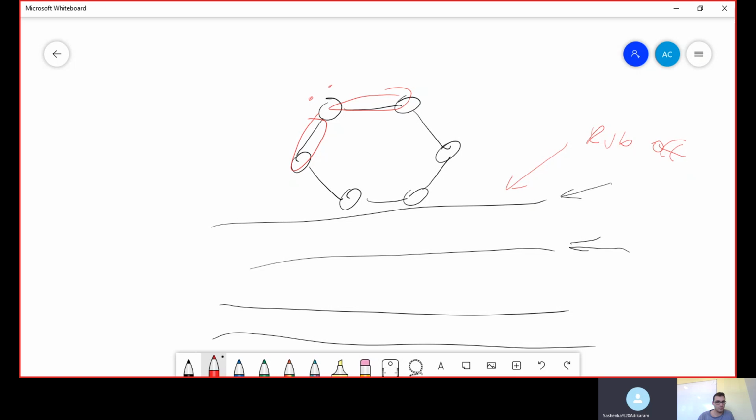So the first one we have is ionic bonding, and ionic bonding is typically between a metal and a non-metal. In this, the metal atom is going to become a cation if it loses an electron, and the non-metal is going to become an anion when it gains an electron.